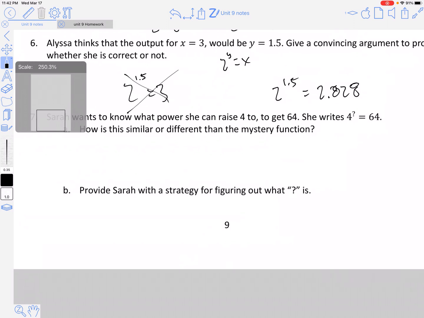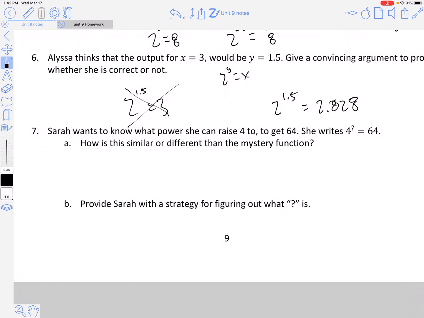Sarah wants to know what power she can raise 4 to get 64. So she writes that down exactly like we just did. How is this similar or different to what we were doing earlier, that mystery function? Well, I would argue that it is similar.